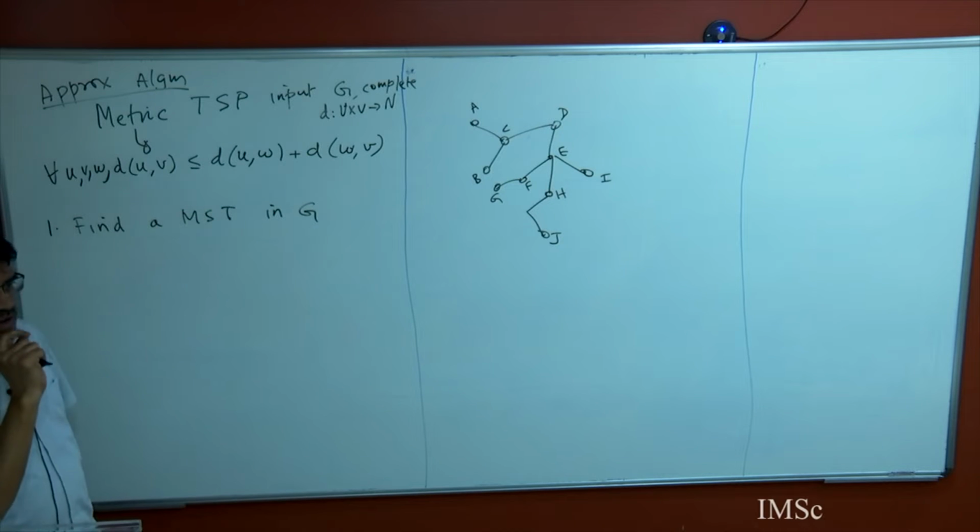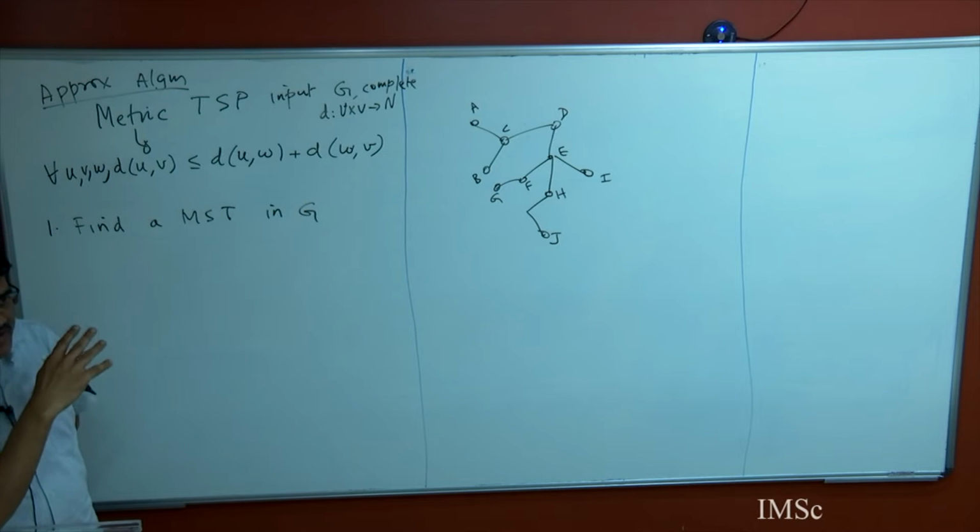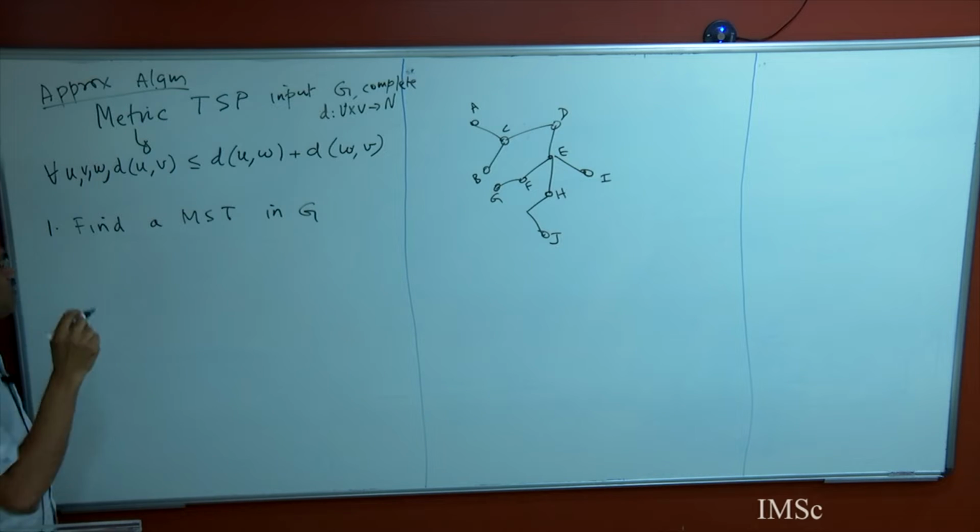First, can you relate the weight of the minimum spanning tree and the cost of the cheapest TSP tour? Because eventually we will use that.